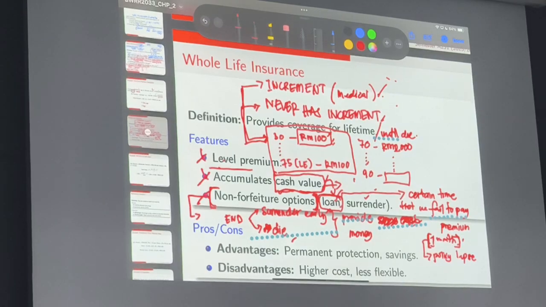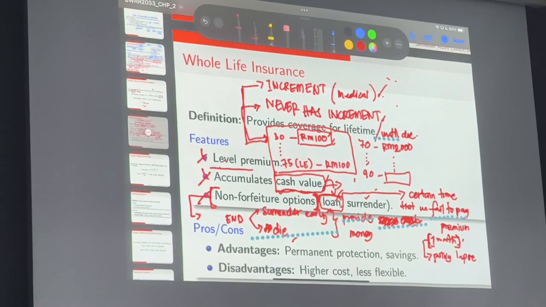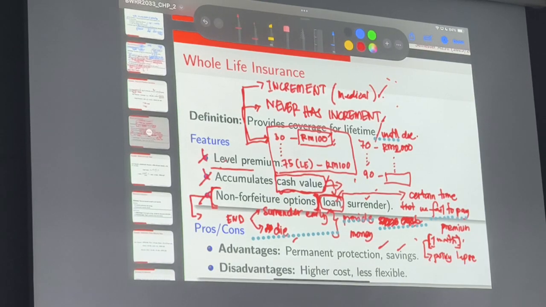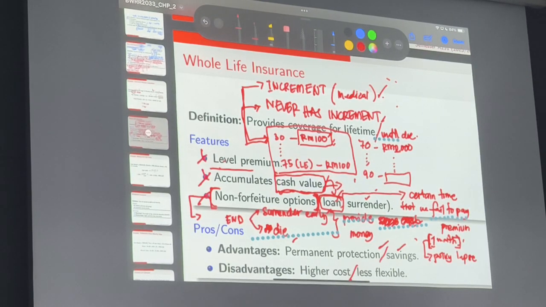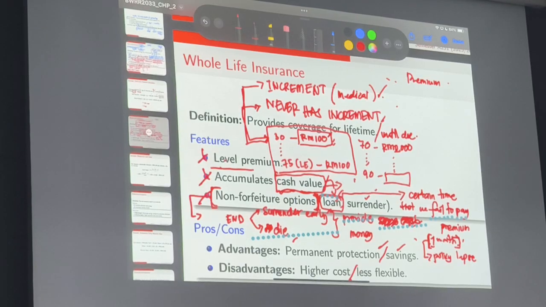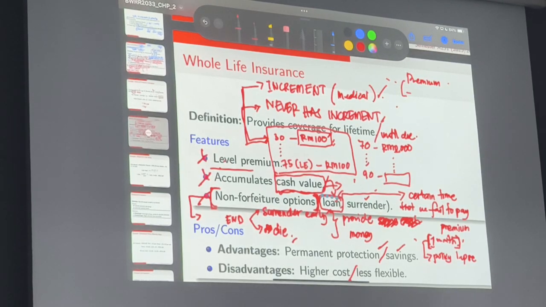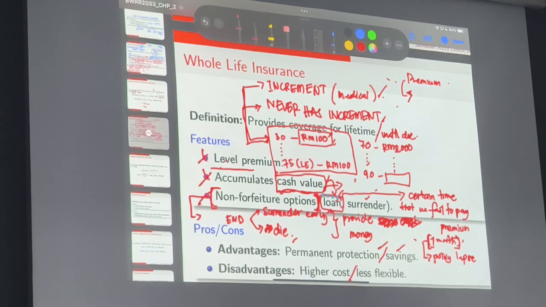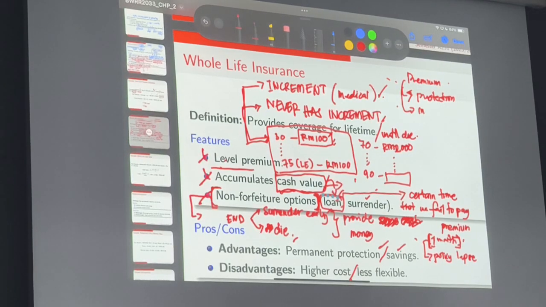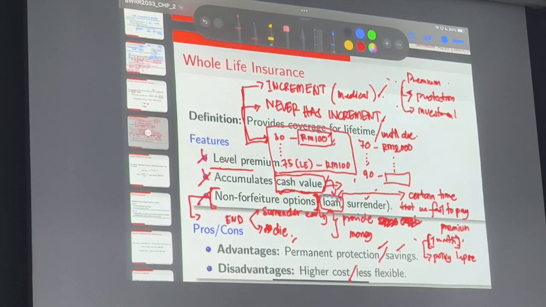Next, pros and cons. Advantages: permanent protection and there will be savings. Disadvantages: higher cost. Of course the cost will be higher. Why? From the premium that we pay, there will be allocation for protection, there also will be allocation for some investment, and fees.